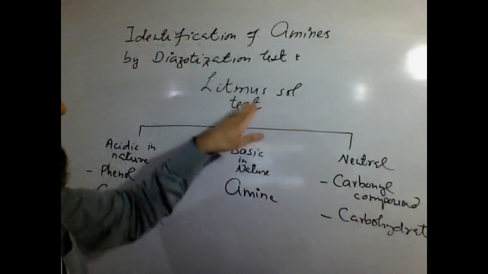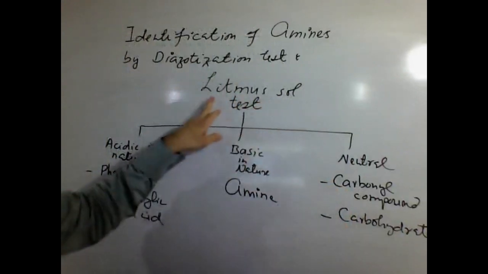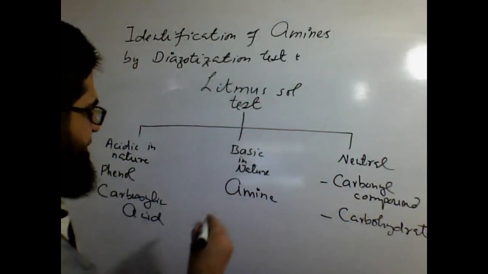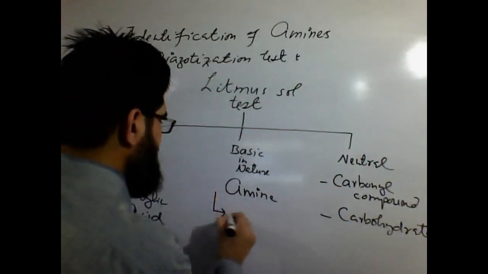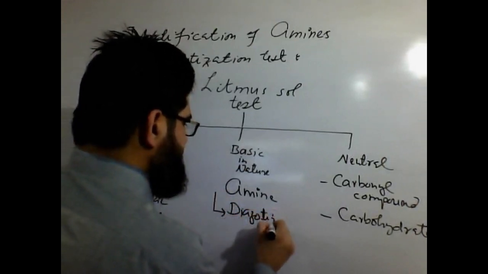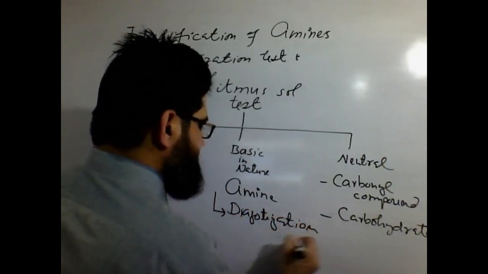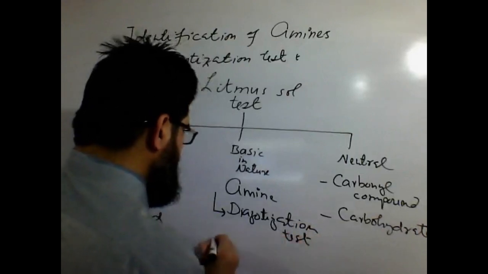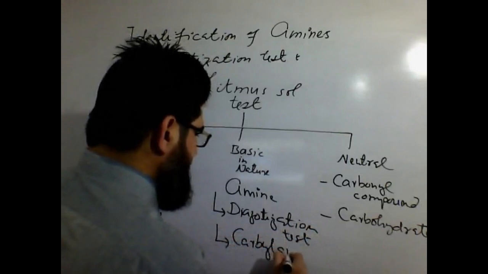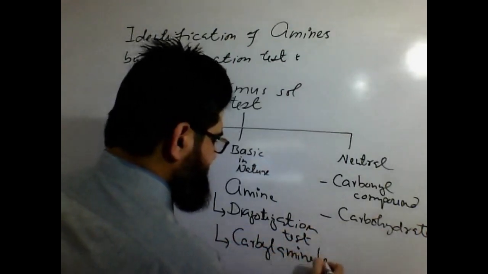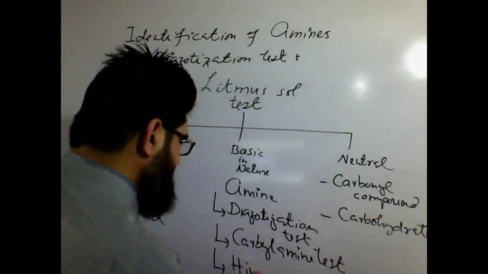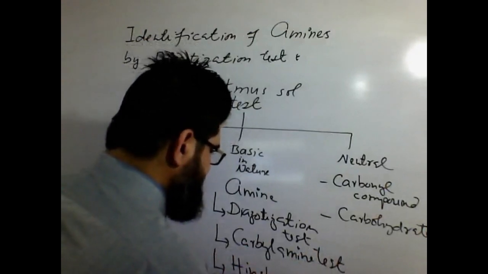Once you started off with litmus solution, you came to know that your compound is basic in nature and that is supposed to be an amine. Then we further discussed that it could be confirmed using the diazotization test, or by the carbylamine test, or, test number 3, by the Hinsberg test.